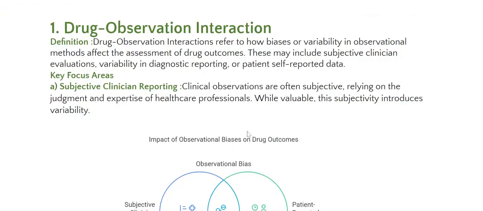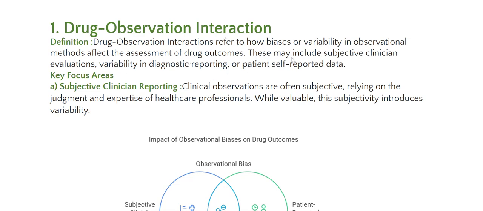Key points. We'll start with the drug observation interaction. Again, the definition: drug observation interactions refer to how biases, errors, or variability in observational methods affect the assessment of drug outcomes.